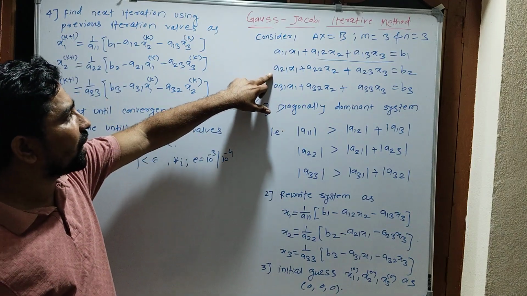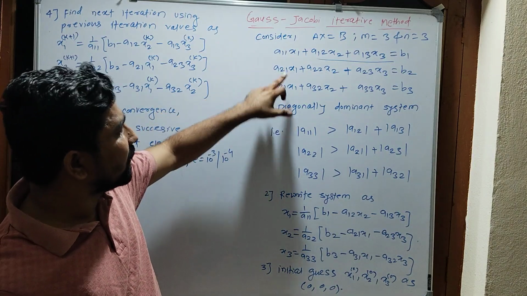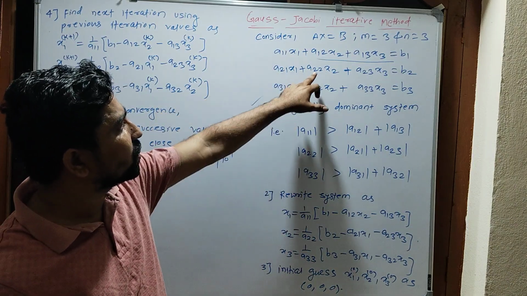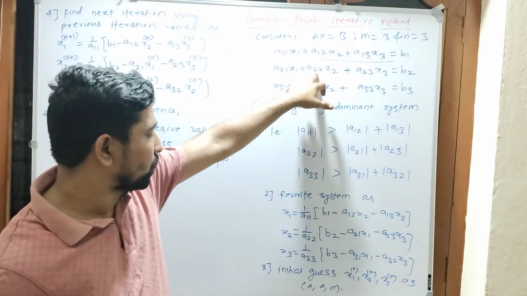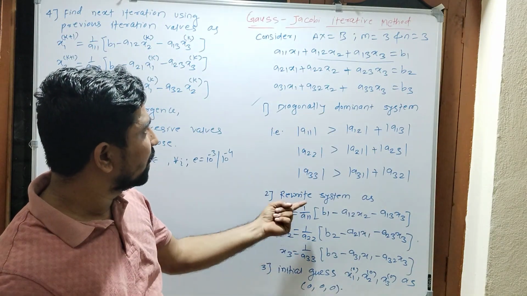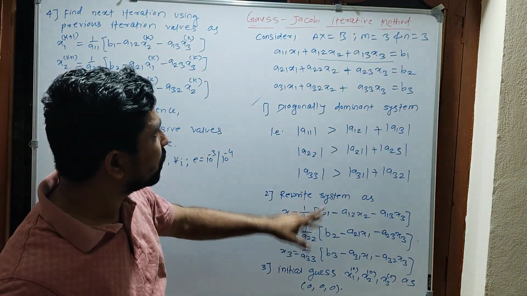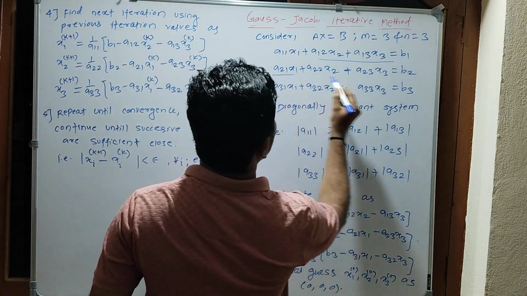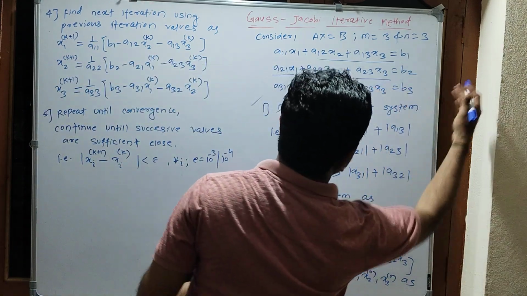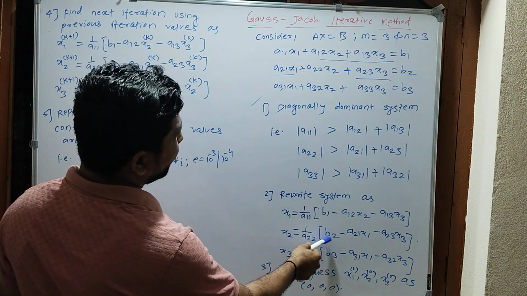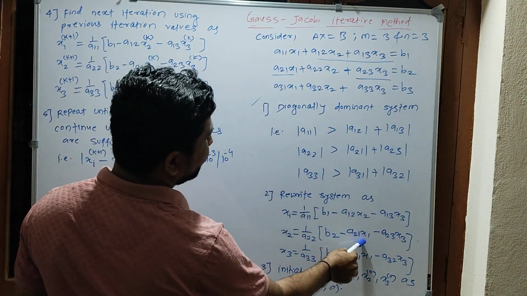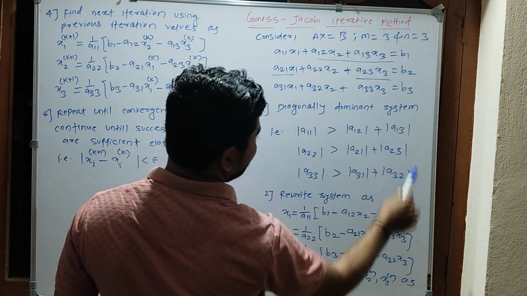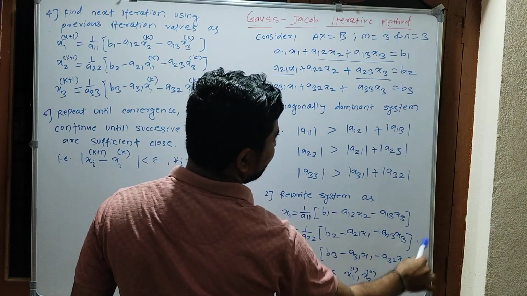In the same way you can write this equation in terms of x2 corresponding to the diagonal entry a22. So you can write x2 equal to 1 by a22, taking this part and this part to the right-hand side, times b2 minus a21 x1 minus a23 x3.